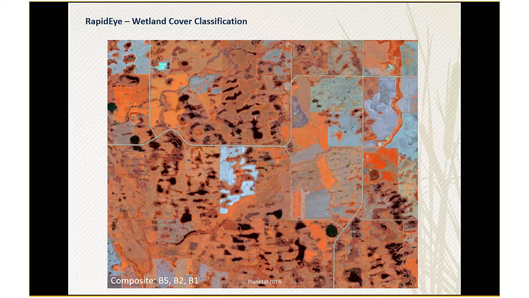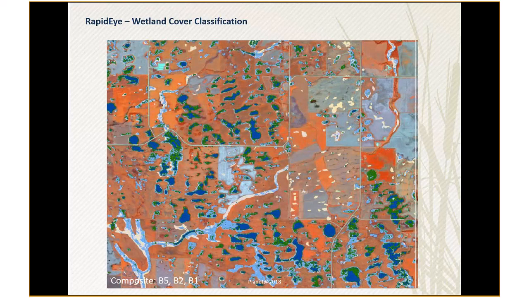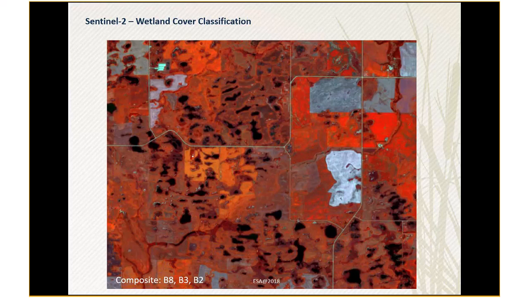To give you an idea what it looks like, just conceptually, to give you an idea of what was done. There's the RapidEye data, the wetland cover mask that was aggregated by CWI basin and provided to Lauren for statistical work. Same holds true with the Sentinel data, the 10 meter.